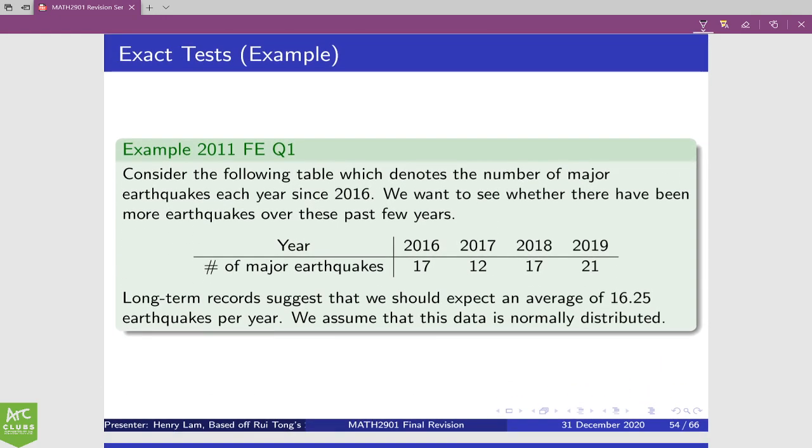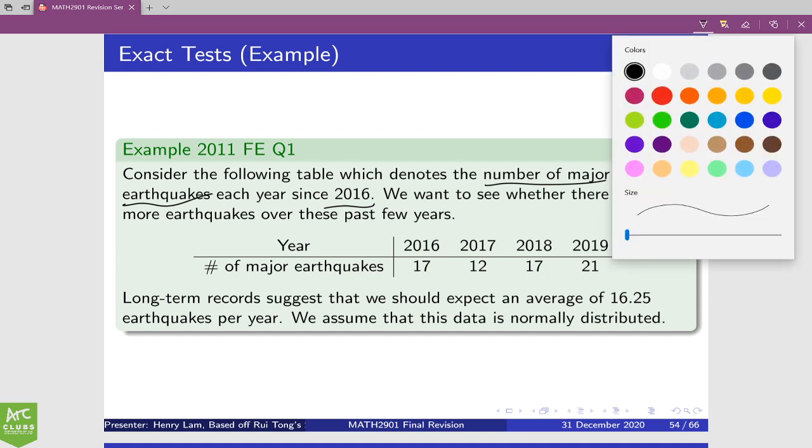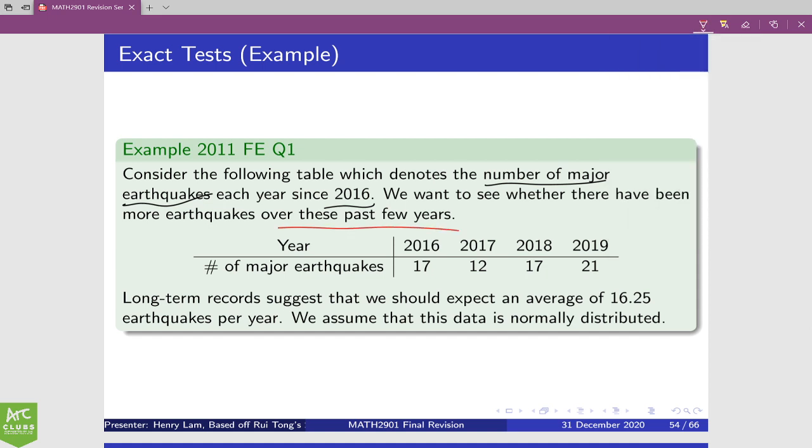Okay, so basically the setting is you're recording the number of earthquakes since 2016, and now we want to check whether or not there have been more earthquakes these past few years. So this tells you what your alternate hypothesis is, H1, H0. Here they tell you, if you just read the data, long-term records suggest an average of 16.25 earthquakes per year.